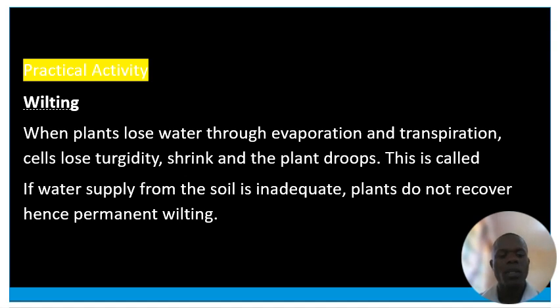Now, wilting: when plants lose water through evaporation and transpiration, the cells lose rigidity, shrink, and the plant droops.